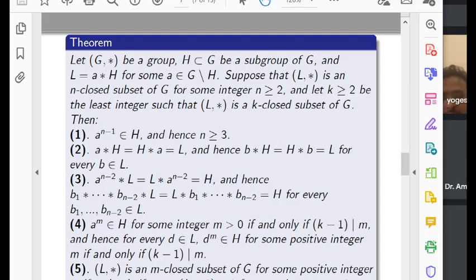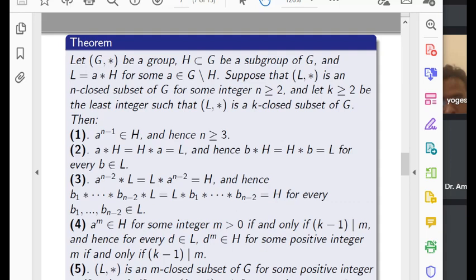And you can look up at number 3 and look at number 4. A to the m is in H if and only if K minus 1 is a factor of m, okay? And L, this left coset, is m closed for some positive integer if and only if m is equal to c times K minus 1 plus 1 for some integer c bigger or equal to 1.